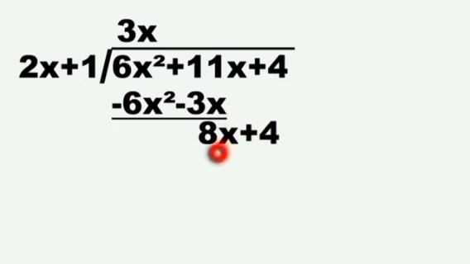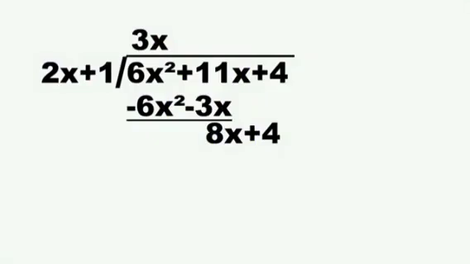Then divide 8x by 2x. Here we have 8x divided by 2x is equal to 4. And this 4 will be distributed to 2x and 1 in 2x plus 1.